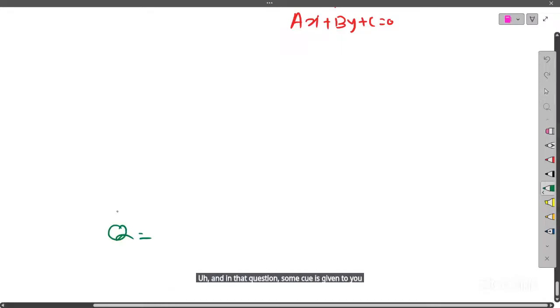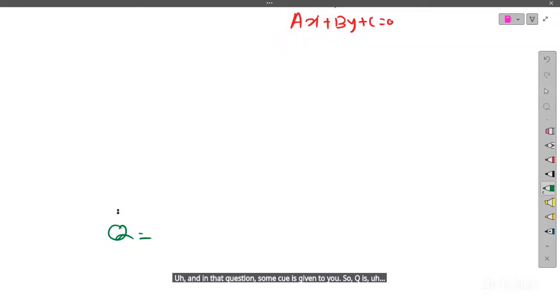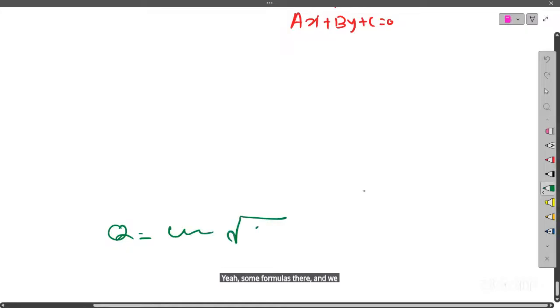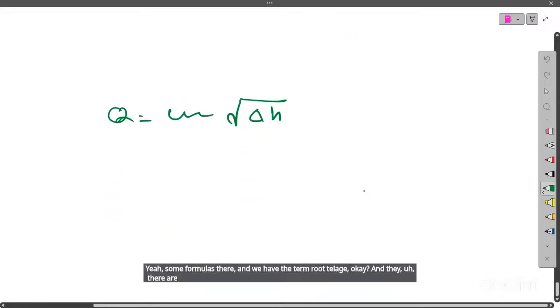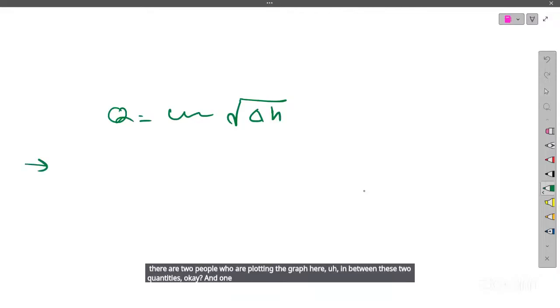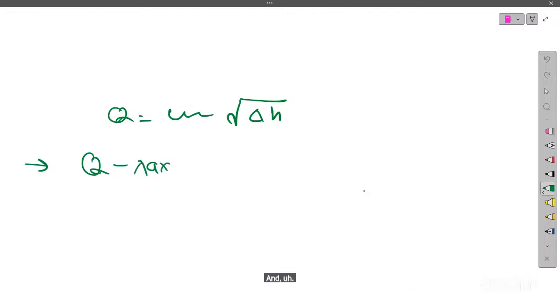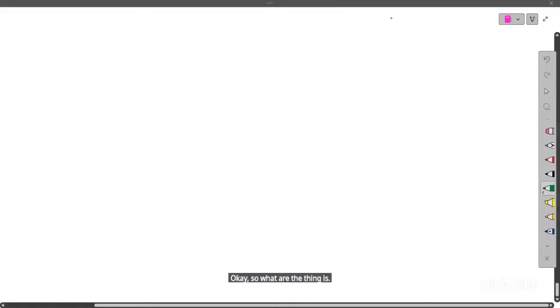There is a formula, and we have the term root del h. There are two people plotting the graph between these two quantities. Let me briefly introduce this question.